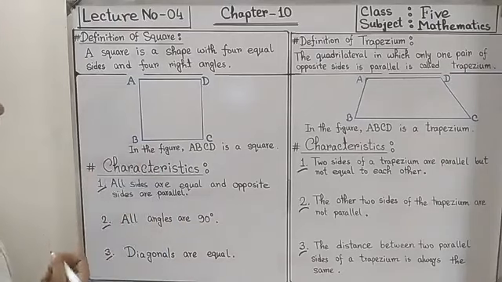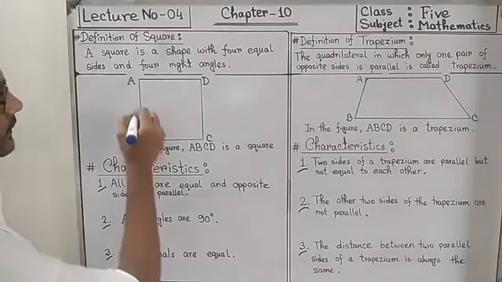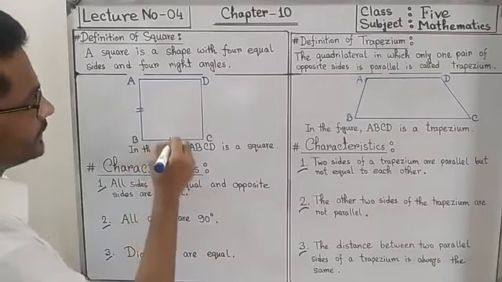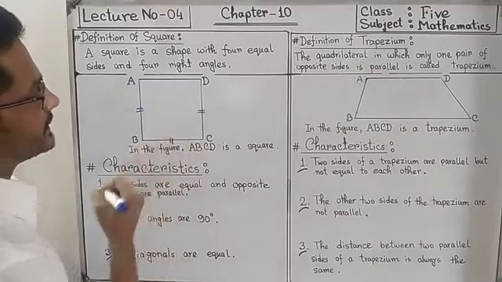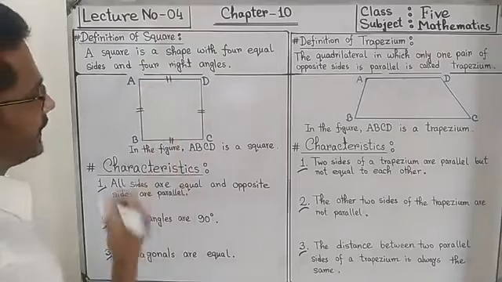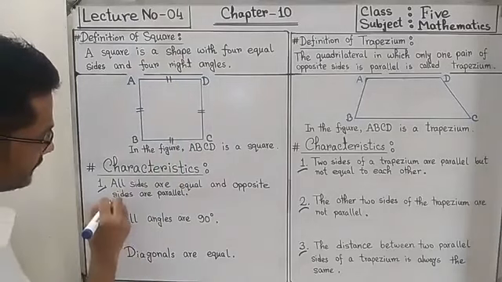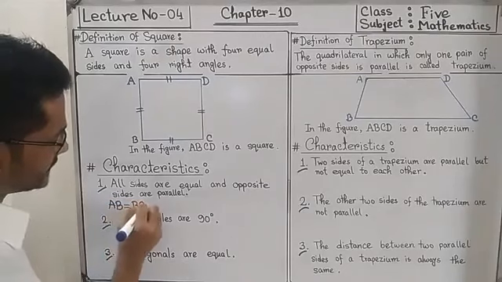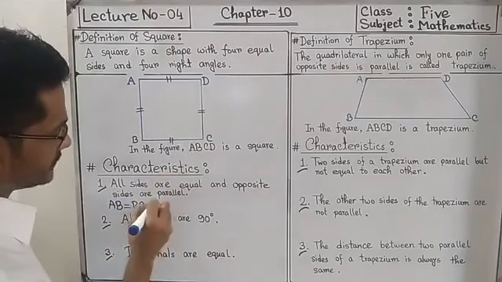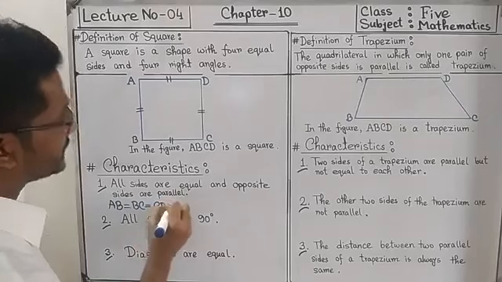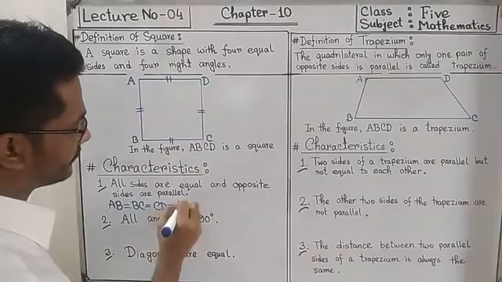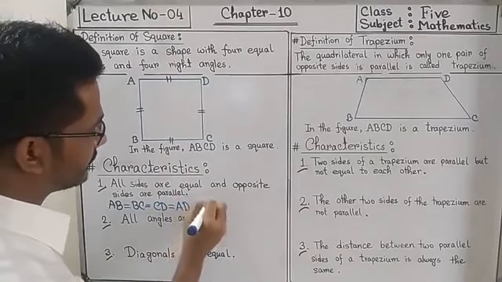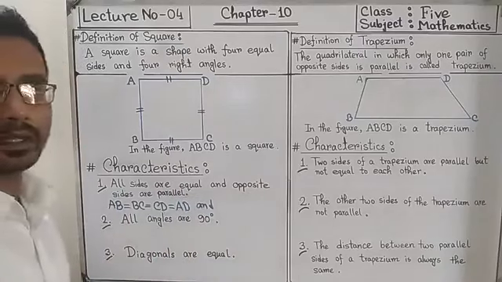So from ABCD square we can say AB is equal to BC is equal to CD is equal to AD. So we can write that AB = BC = CD = AD, and opposite sides are parallel.